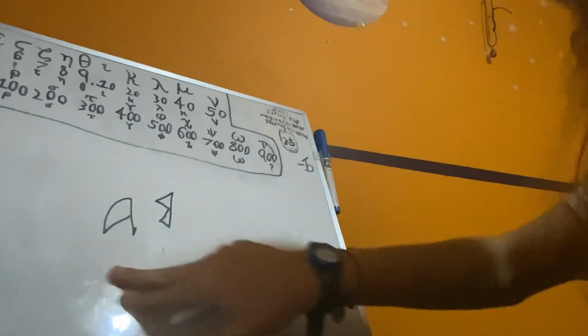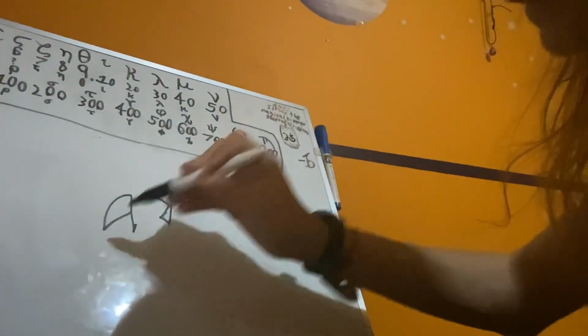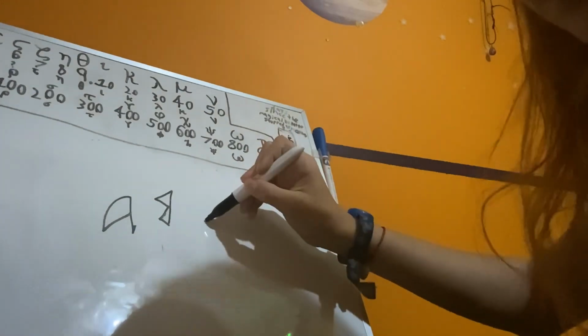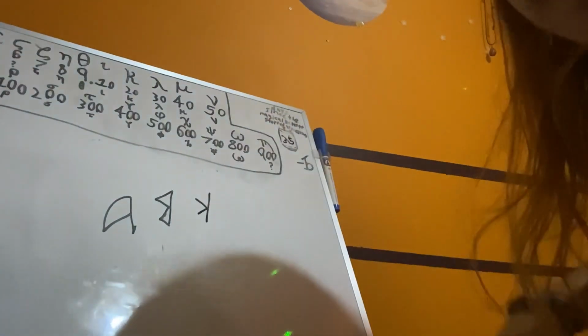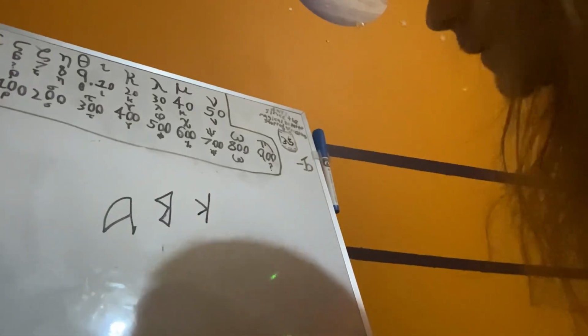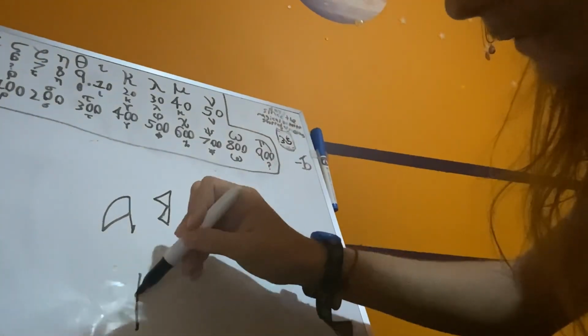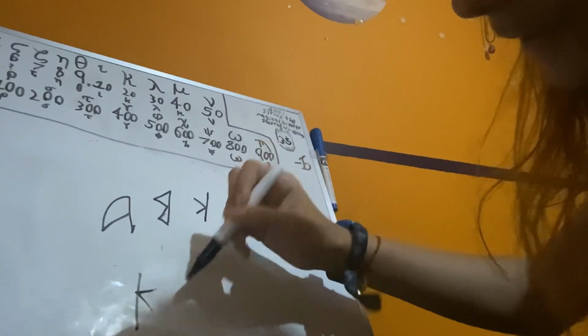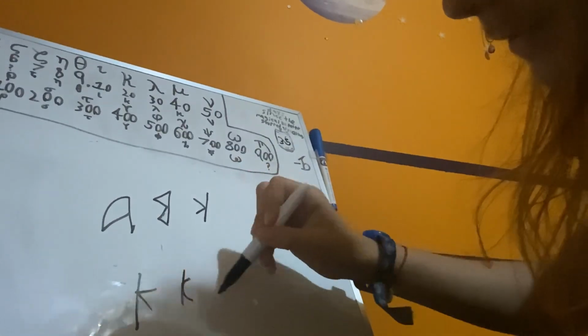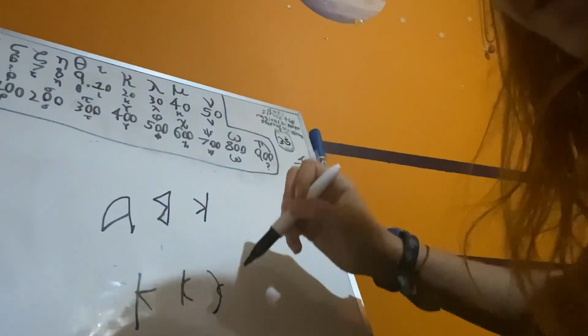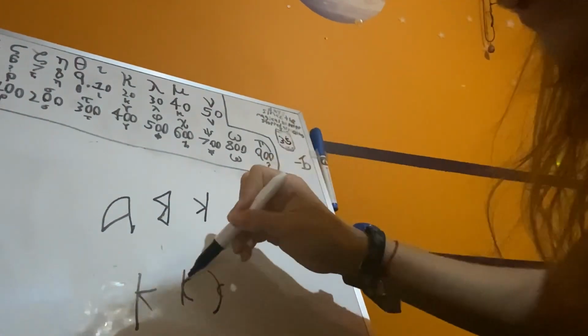But this is how they said the actual alphabet was A, B, maybe K. Which I guess when they had K, maybe they thought about making it look more modern by doing this or this, and then they saw the sigma and they were just like, kind of looks like this.